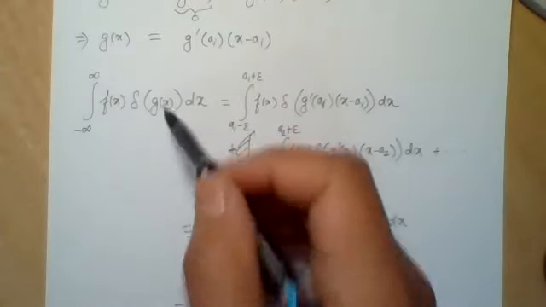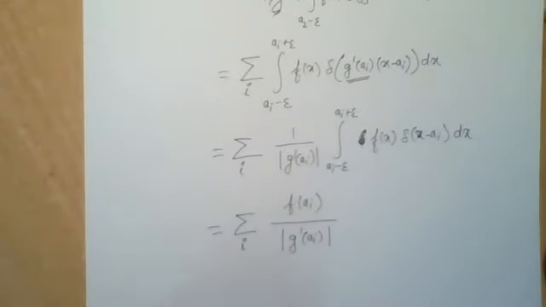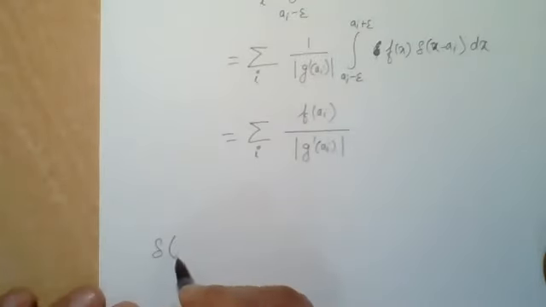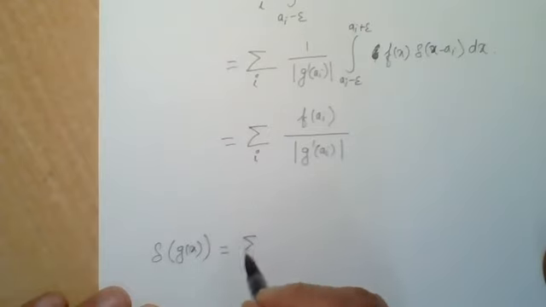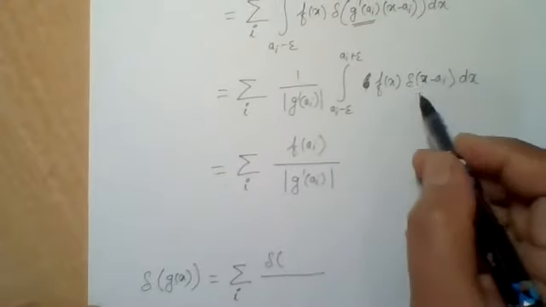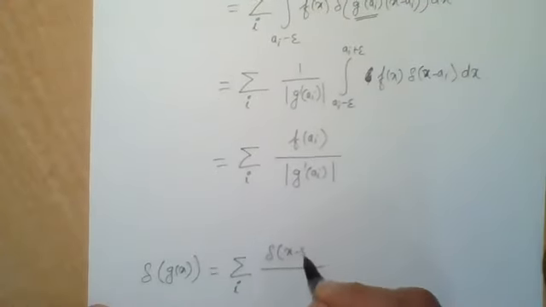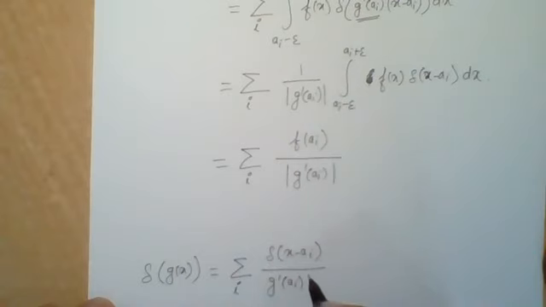We get this final answer: delta g(x) is equal to summation over i, delta(x minus a_i) divided by modulus of g prime(a_i).